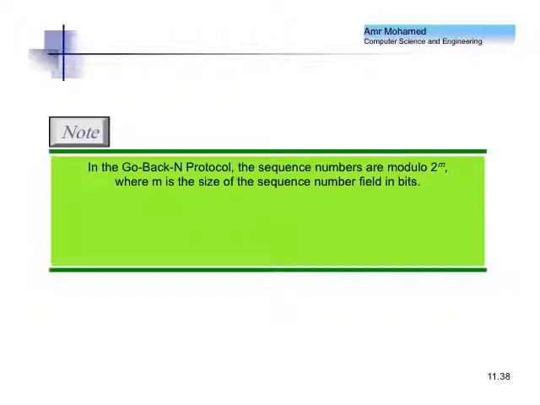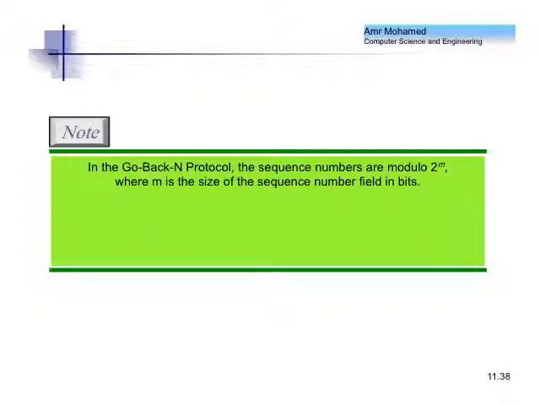Okay? So the question now is, what is the actual size of the window? And since we started talking about the sequence number, what is the size of the sequence number? Remember in stop and wait, we said that we need a sequence number of actually 1 bit, right? 0, 1, 0, 1, 0, 1, and so on.